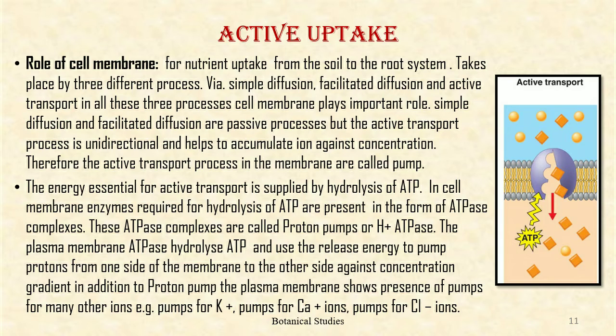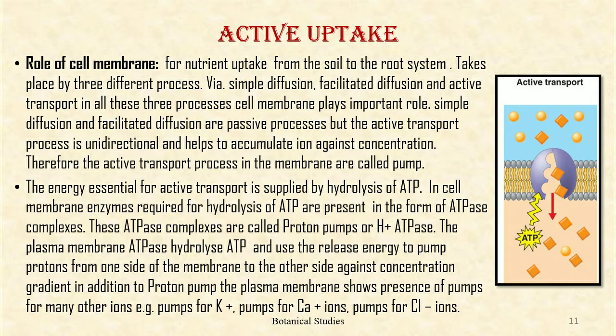The energy essential for active transport is supplied by hydrolysis of ATP. In the cell membrane, enzymes required for hydrolysis of ATP are present in the form of ATPase complexes. These ATPase complexes are called proton pumps or H+ ATPase.